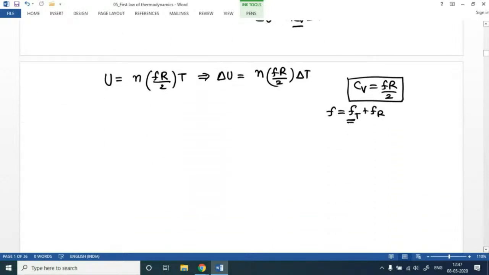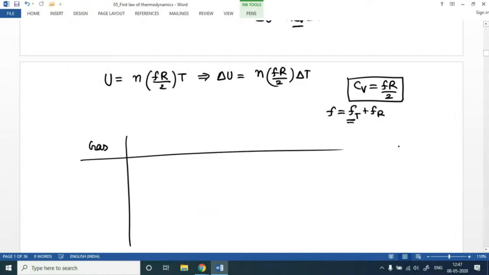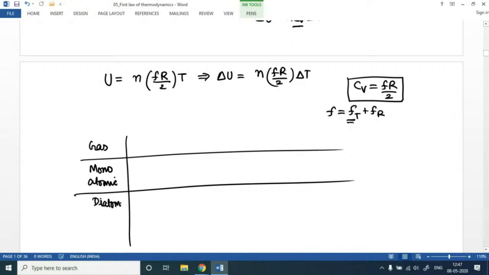Once we know these quantities for different types of gas, we can draw a table. Let's say we will be looking at 3 types of gases: first is monoatomic, the second is diatomic, and the third is polyatomic.